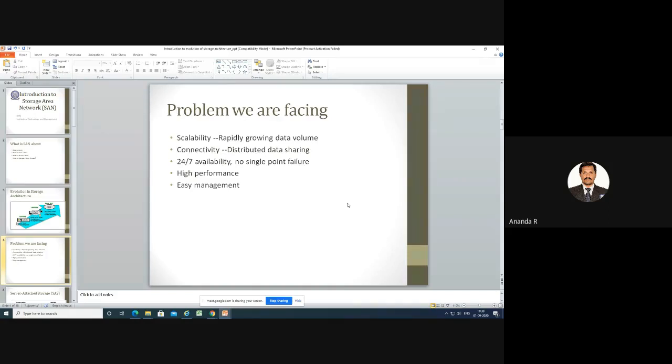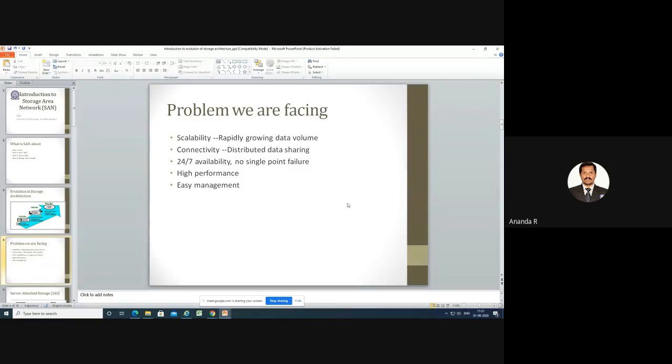And the next one is called availability. Availability is a very important thing. Nowadays, everybody is working 24 by 7. Simply we can say that we work from 8 to 5 or 8 to 6 o'clock, but still, after 6 o'clock also, many people are working.